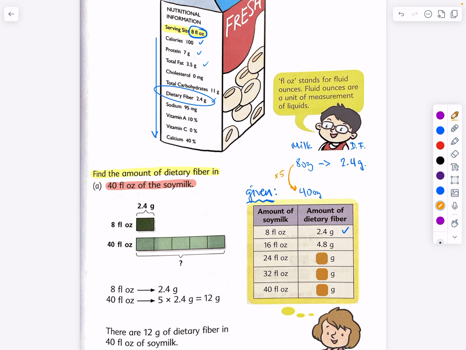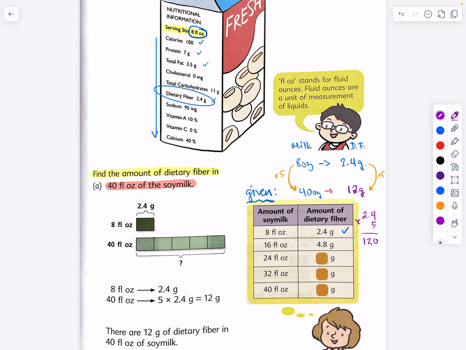So 8 ounces is what is given. They're asking for 40 ounces. We have to multiply the amount of fiber 5 times. There will be obviously 5 times more fiber if you increase the quantity 5 times. Therefore, we can compute 2.4 times 5. I hope you can do some mental math. 24 times 5 gives you 120, so 2.4 times 5 gives you 12 grams.